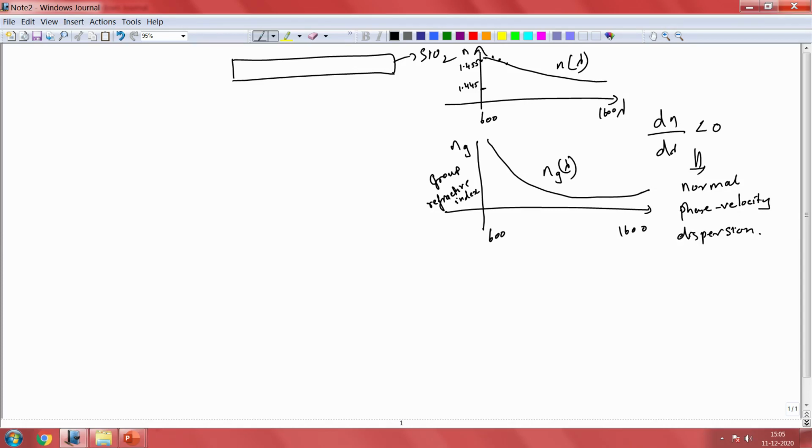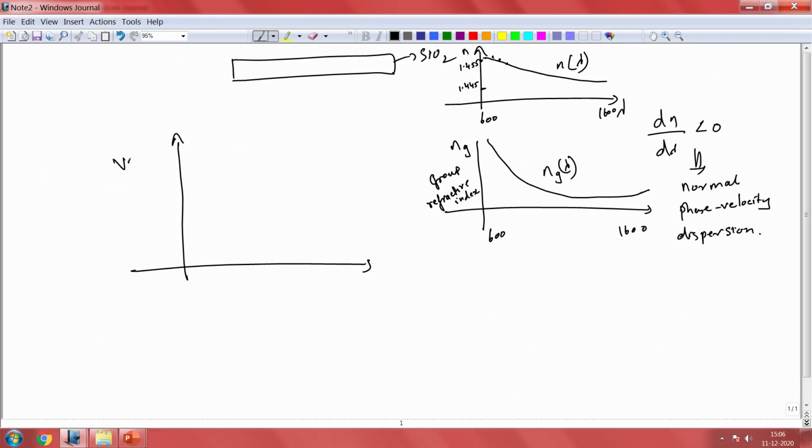So let us look at how the velocities are changing. This is the dispersion that we saw. Let us look at how our velocities would look, how fast the waves are going to move.